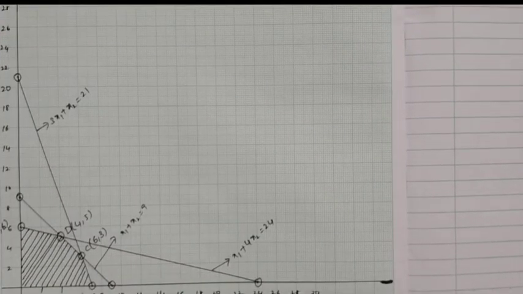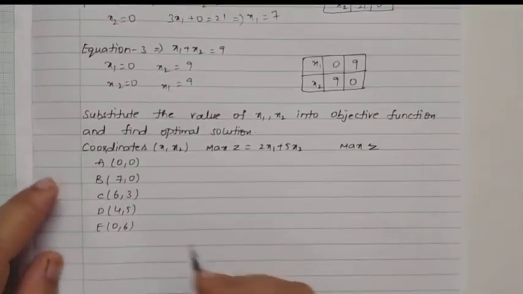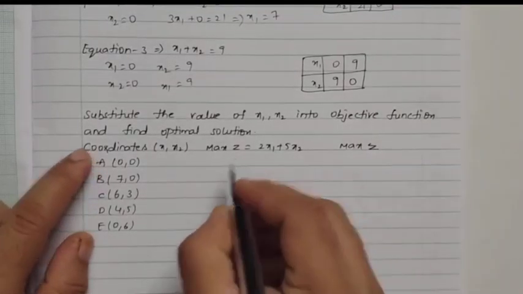The coordinate points we got from the feasible region help us find the feasible solution. Point A 0 comma 0, B 7 comma 0, C 6 comma 3, D 4 comma 5, and E 0 comma 6. Substitute the coordinates in maximize Z.